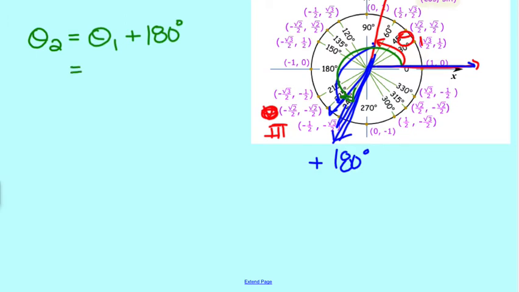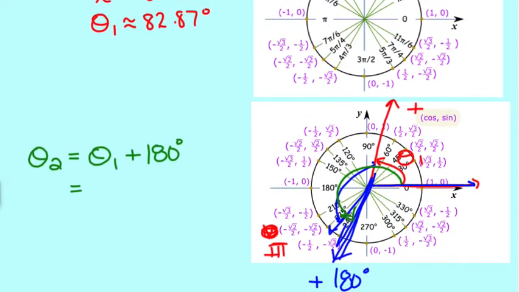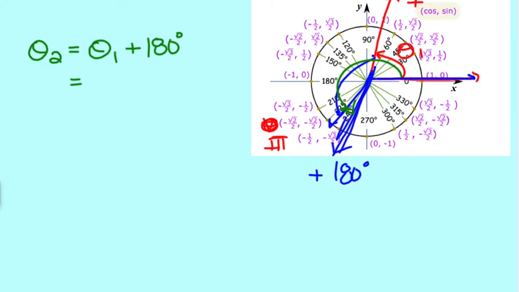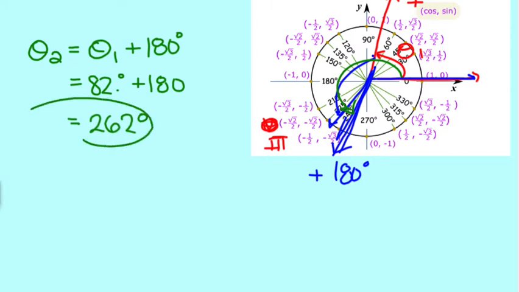Our first angle we found with our calculator was 82 degrees, and then plus another 180 is 262 degrees approximately. So that is our other answer for x.